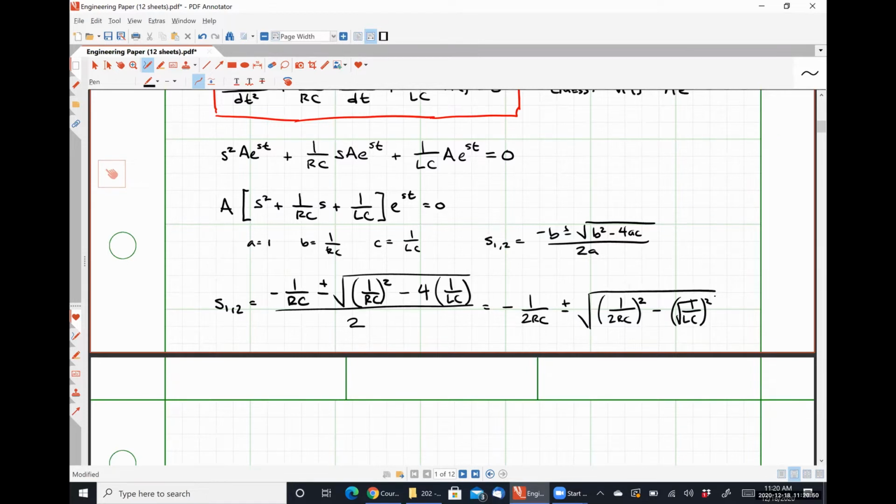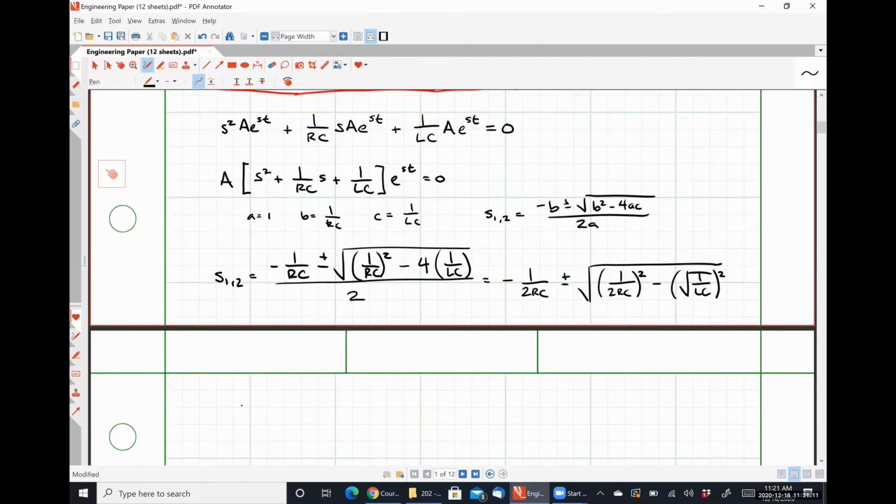And I know writing it in this way seems a little bit weird, but we are going to identify these parameters, okay? So I am going to define alpha as 1 over twice RC. Alpha is what's known as the Neper frequency.